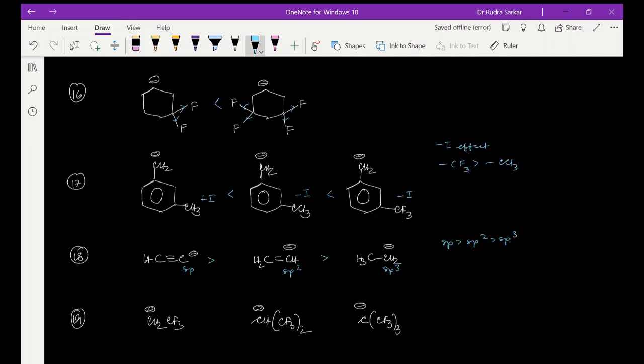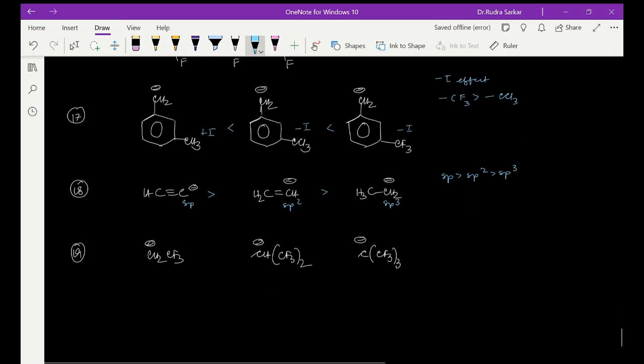So negative charge is stabilized by sp carbon more than the sp2 than the sp3. Now out here only one CF3 group is attached, so it stabilizes the carbanion less than when there are 2 such CF3, and more stability will be attained when there are 3 CF3 groups. So the order of stability is as follows shown.